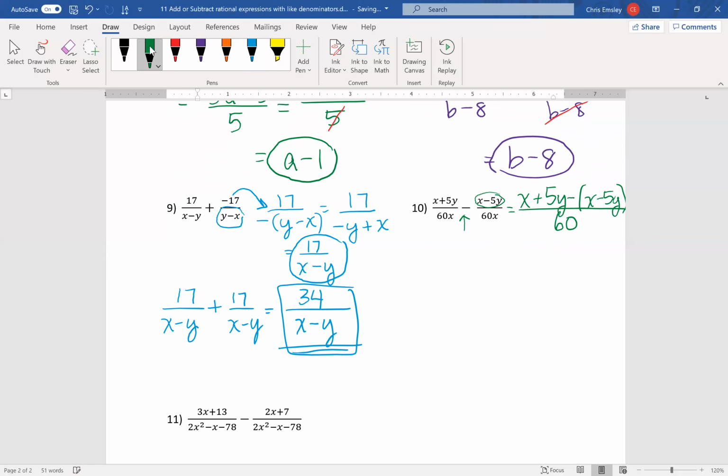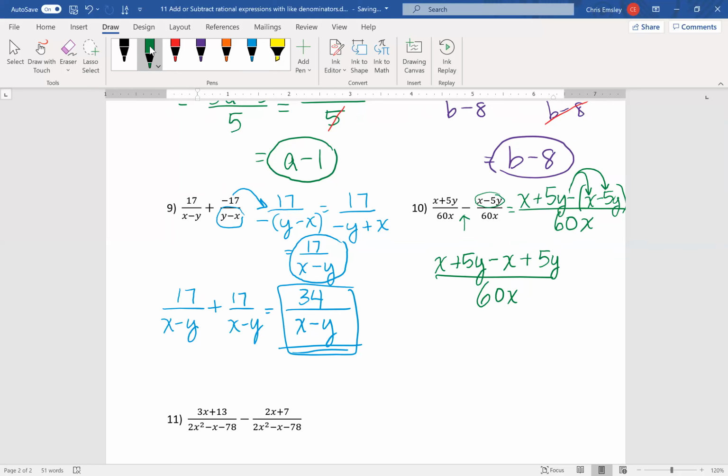So we have to subtract that entire numerator, which means when we distribute that negative sign, notice we're going to have a minus x, but it is going to become a positive 5y when we distribute the negative. The negative has to apply to both terms there. Nope, I forgot the x in the new denominator. Okay, then we should look for like terms.